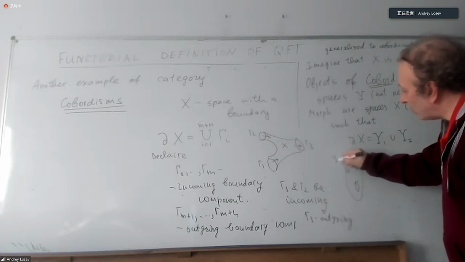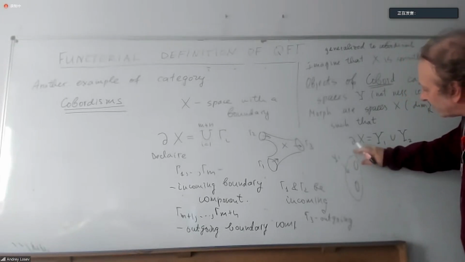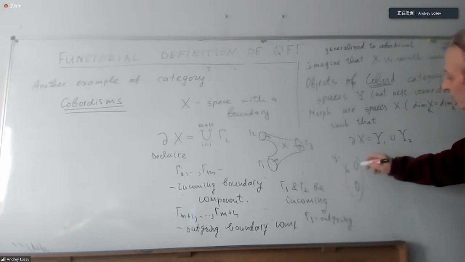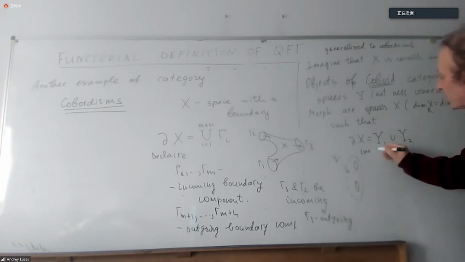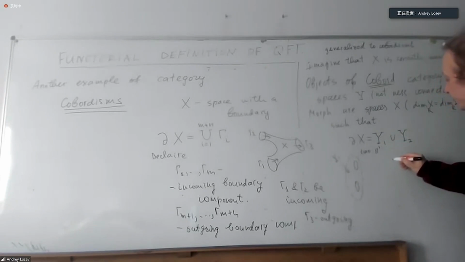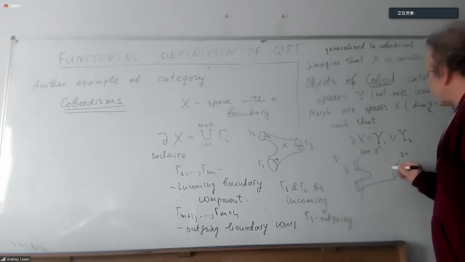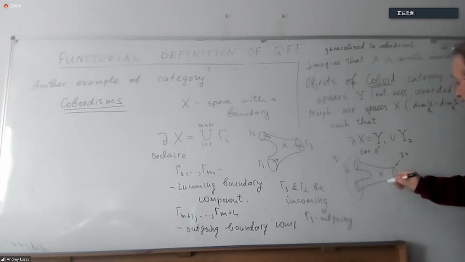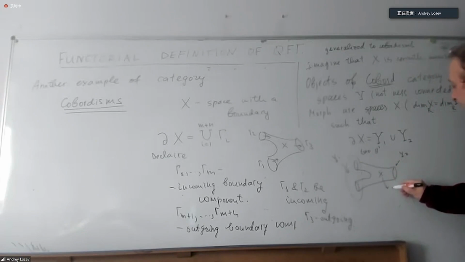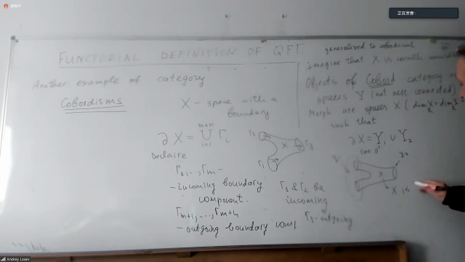Let this be Y1. In this example, Y1 is two circles, 2S1. Y2 is just a single S1. And this X belongs to morphisms between Y1 and Y2.